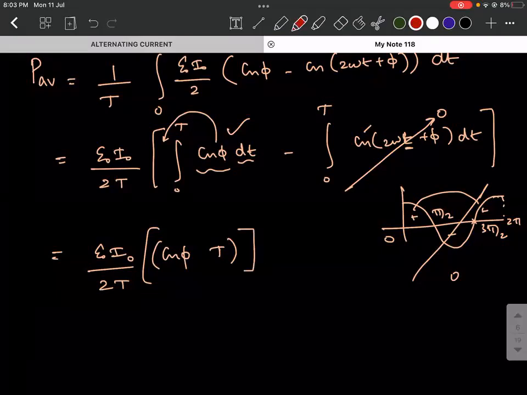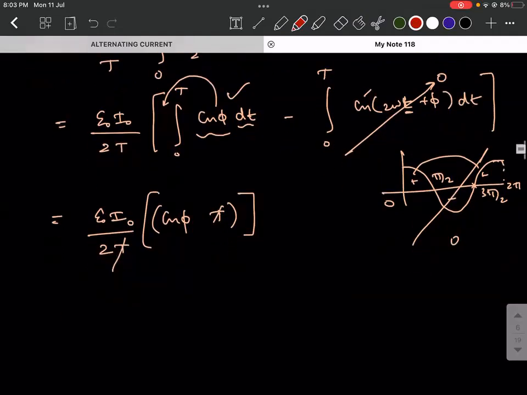So what are we left with? This T and T will get cancelled. This E naught I naught divided by 2 times cos phi is going to be the average power of AC over a complete cycle.